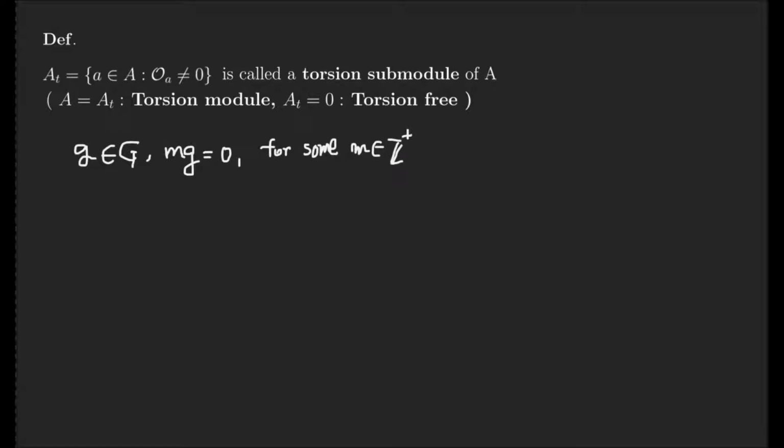If the only element in G like this is 0, meaning that apart from 0 this equation is not satisfied, then we can say the group G is torsion free.